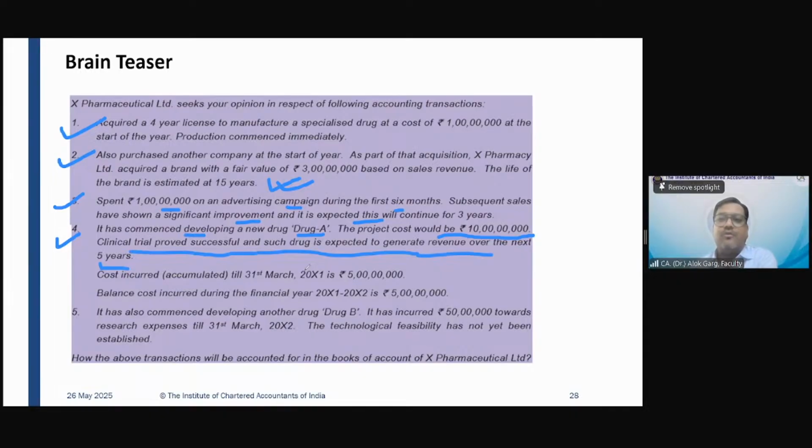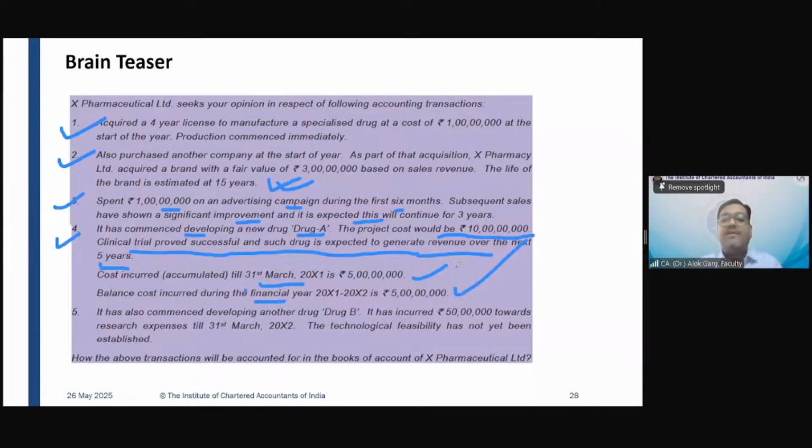The project cost was 10 crore, and the clinical trial has proven that it is successful and this will generate revenue also in the next 5 years. Cost incurred up to 31st March 20x1 is 5 crore. Balance cost incurred in 20x2 is rupees 5 crore. What is the accounting treatment of this transaction? Give me the accounting entries also.